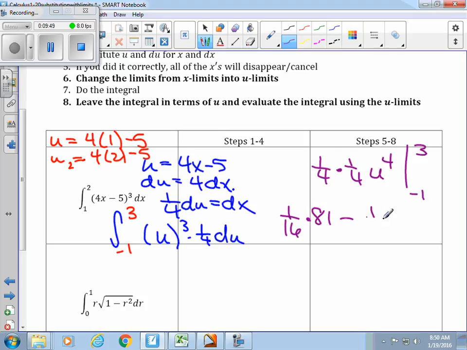Minus 1/16. 81/16 minus 1/16 is 80/16. That probably reduces quite a bit. No, 8 goes into both of them, right? 5.